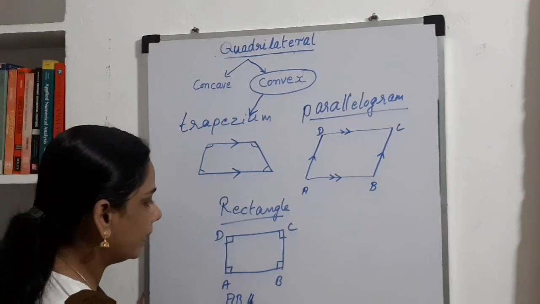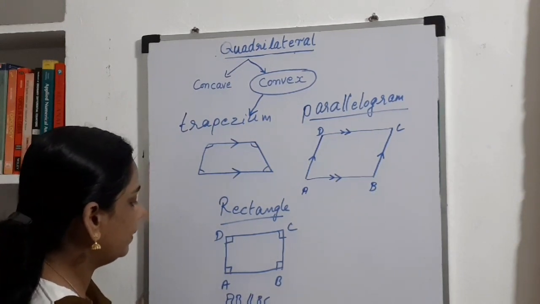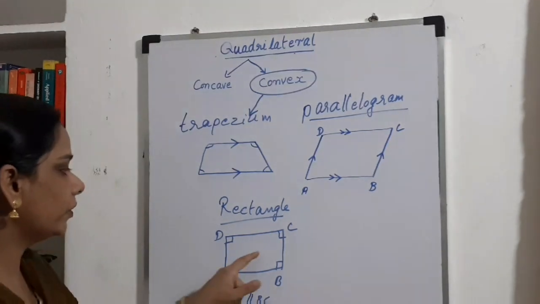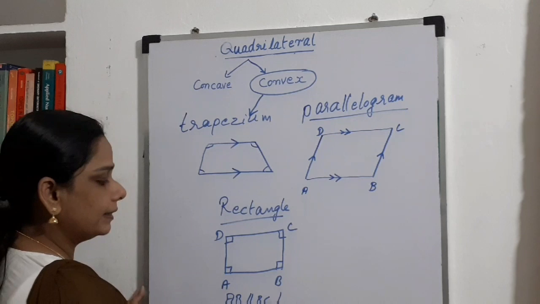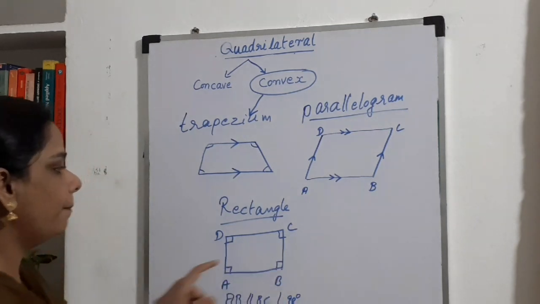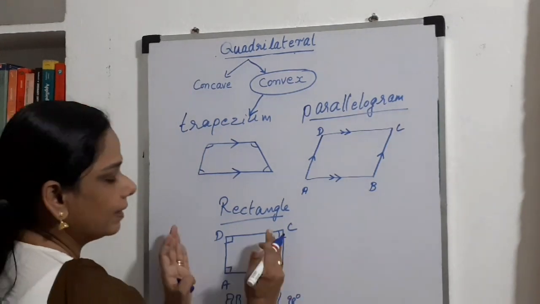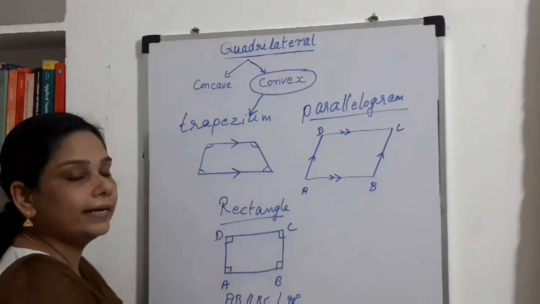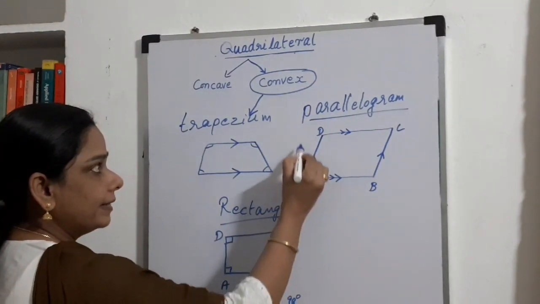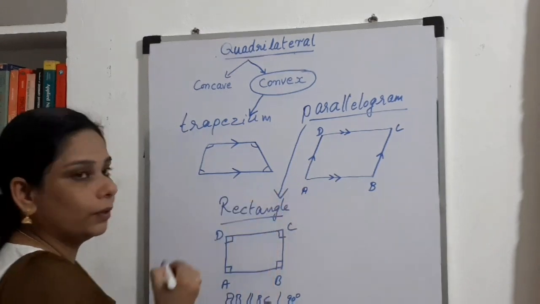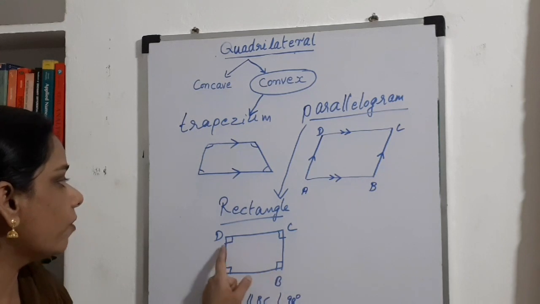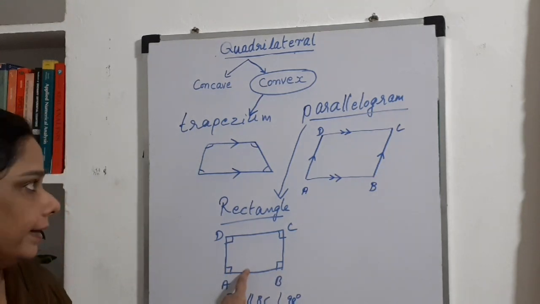Not only that, all the angles are equal to 90 degrees. All the angles of this parallelogram became 90 degrees. The figure became like this, and this is called a rectangle. So, a rectangle is a parallelogram. What is the specialty in that? All the four angles will be equal to 90 degrees.